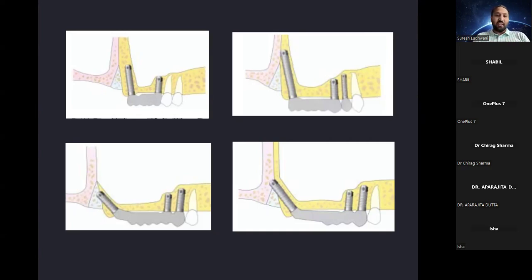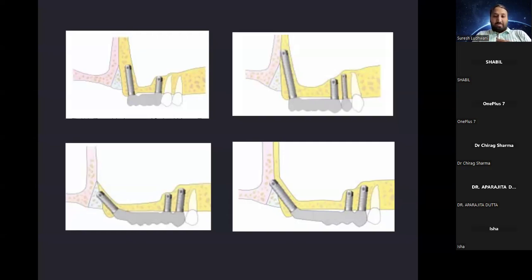None of it is wrong, none of it is right. But when we say a typical pterygoid implant, it should attach to the pterygoid. So the last one, which engages all three parts of the bone, is an ideal scenario.